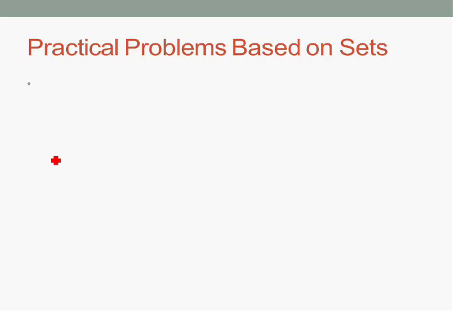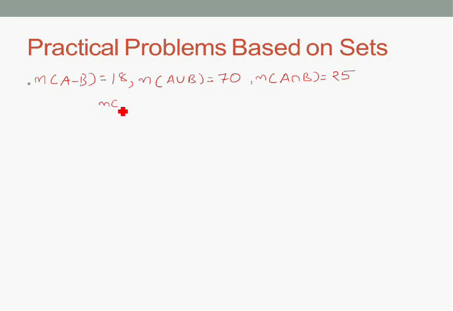Let us do one more problem. If n of A minus B equals 18, n of A union B equals 70, and n of A intersection B equals 25, find n of B. Solution.